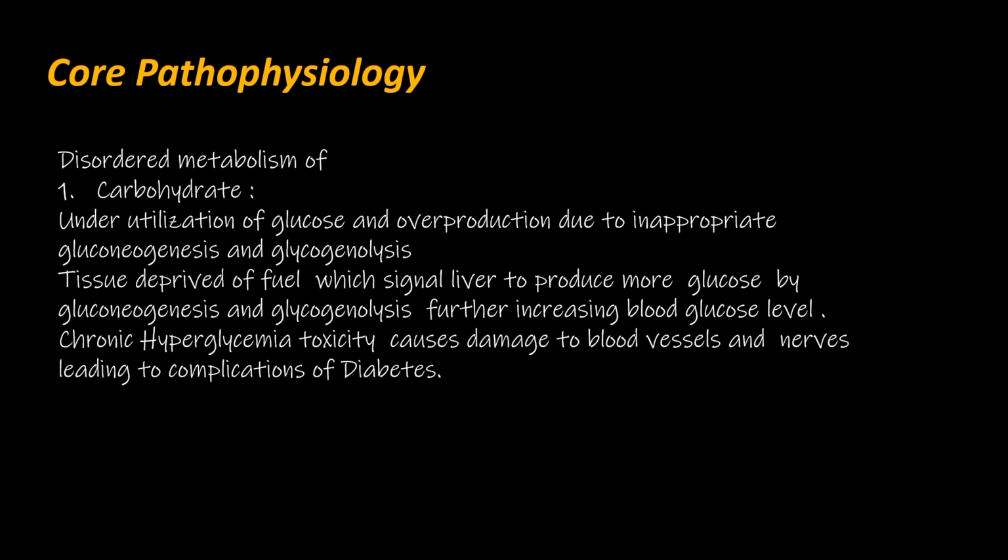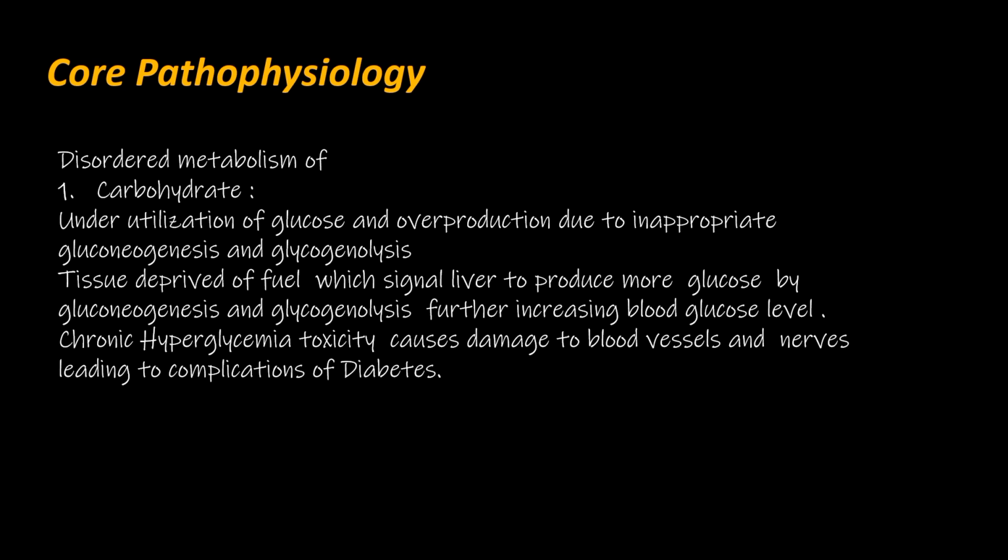Because of the impaired action of insulin or absence of insulin, the disordered metabolism of carbohydrate leads to underutilization of glucose, which is present in the blood, and overproduction due to inappropriate gluconeogenesis and glycogenolysis.